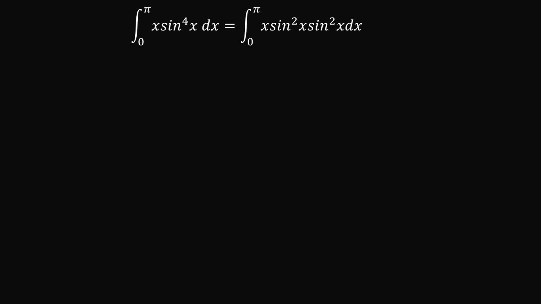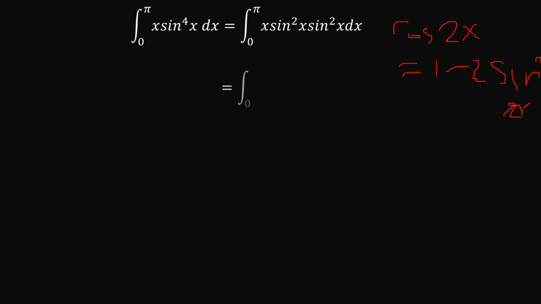Now, for those of you who know that cos of 2x is equal to 1 minus 2 sine squared x, what essentially this means is that when we make sine squared x the subject, we have 1 minus cosine 2x divided by 2 on the right hand side.